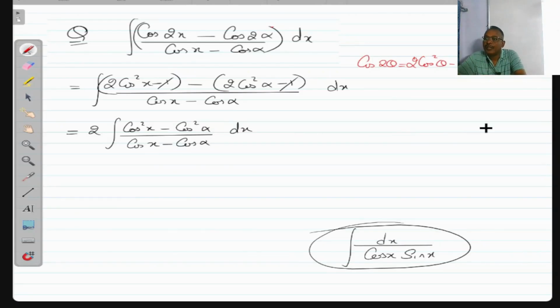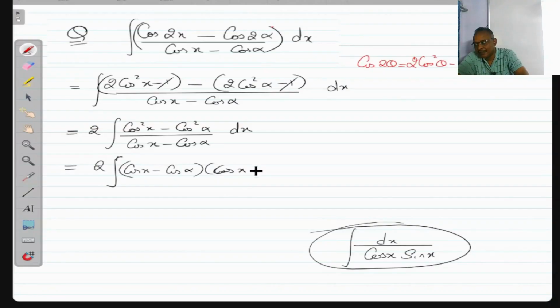Go ahead, do a square minus b square, something will cancel from the denominator. So this is 2 times cos x minus cos alpha, cos x plus cos alpha, and cos x minus cos alpha gets cancelled out.